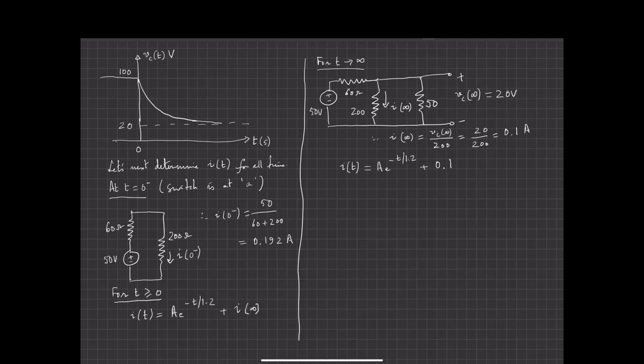Therefore, knowing the current at 0 minus is of no help to me. I actually have to determine the current through the 200 ohm resistor at 0 plus.